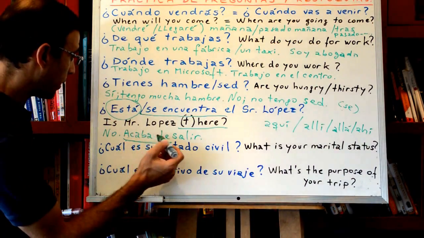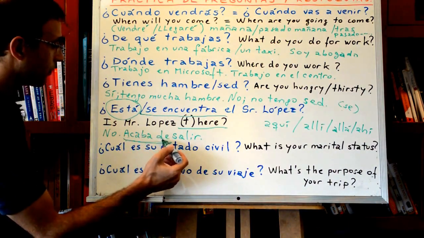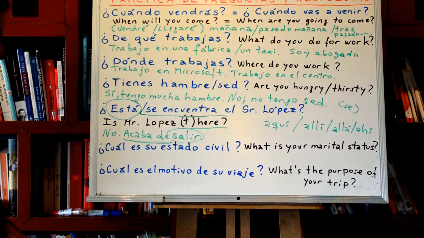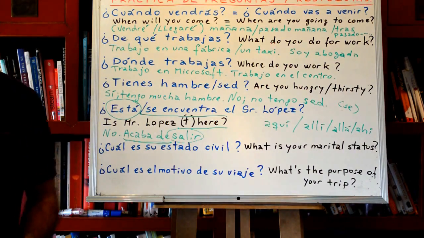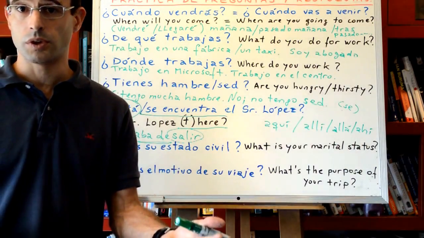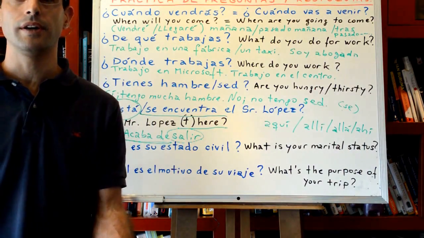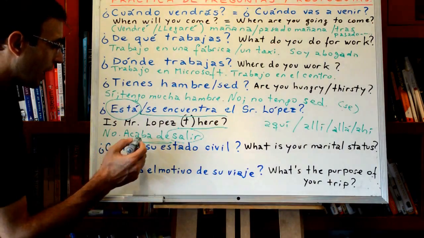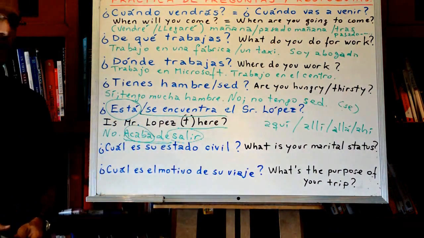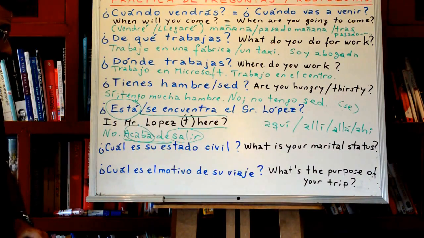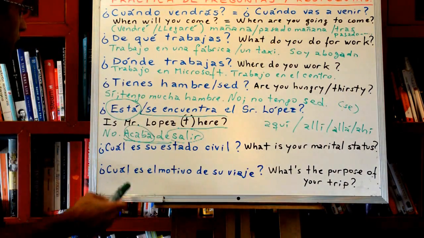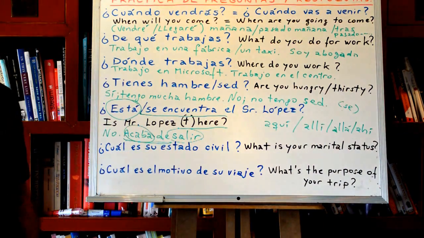So acaba de, just, he just left, right? The complicated thing is that while the word just in English, you don't need to conjugate it because it's not a verb, in Spanish, acabar is a verb, so we have to conjugate it in correspondence with the subject of the sentence, okay? But acaba de salir means he just left.